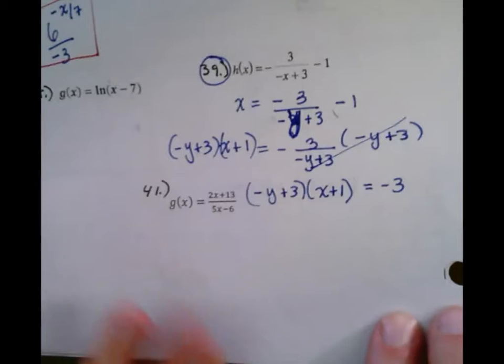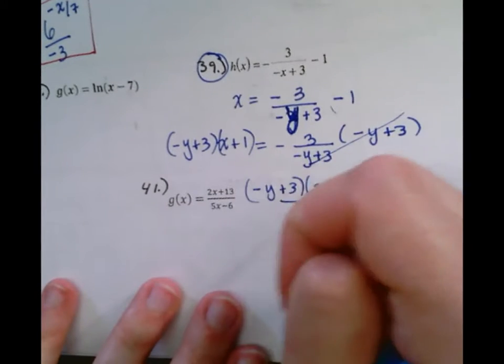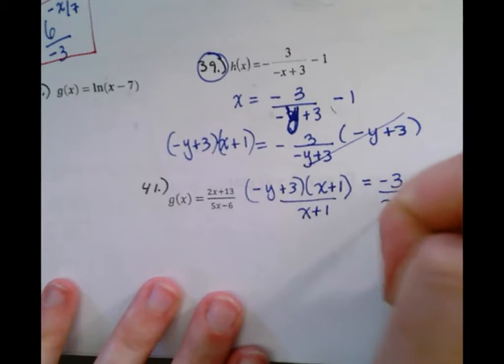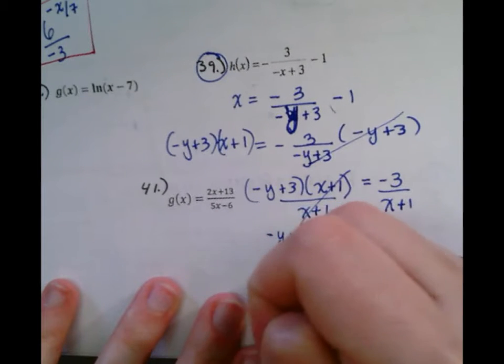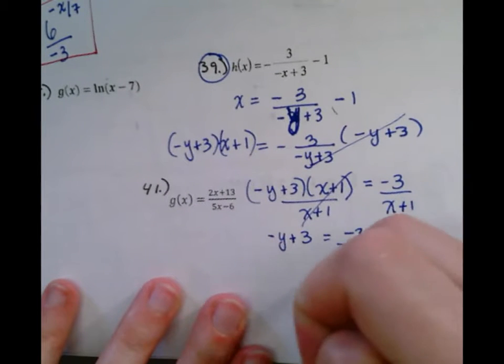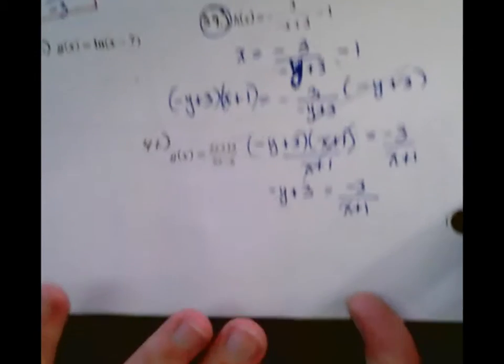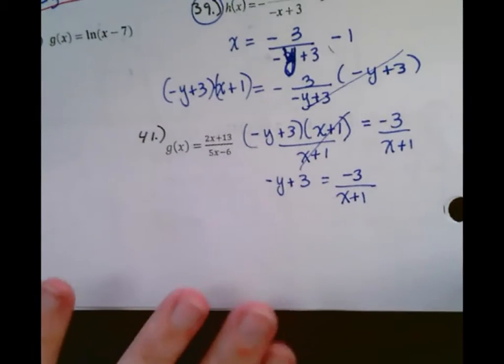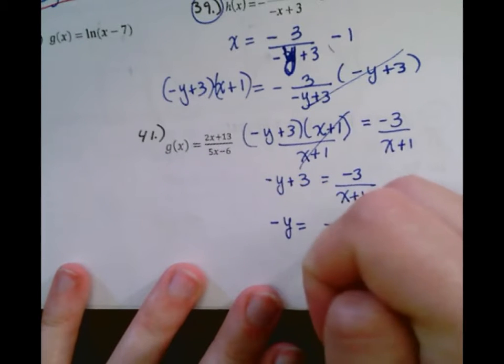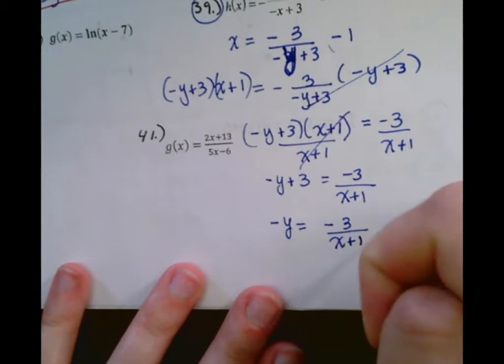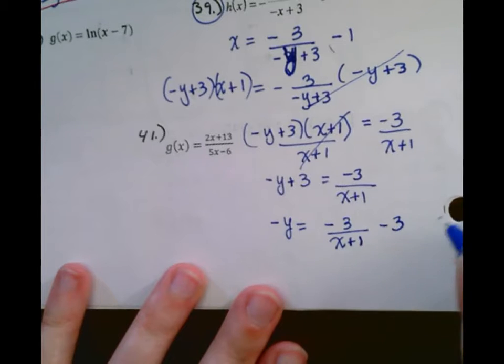Then I'm going to divide both sides by x plus 1 to move that away from the y. So now I have negative y plus 3 is equal to negative 3 over x plus 1. From there, I'm going to subtract 3. So I have negative y is equal to negative 3 over x plus 1 minus 3.